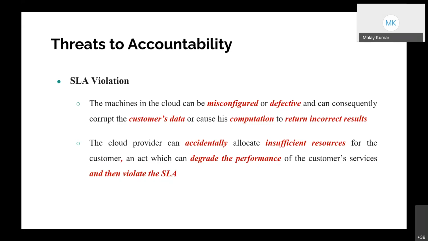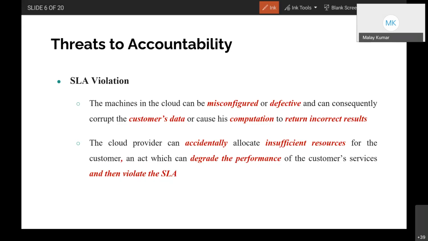It will corrupt the customer's data, and it may return incorrect results of computation, producing incorrect results for what you have outsourced in the cloud environment.